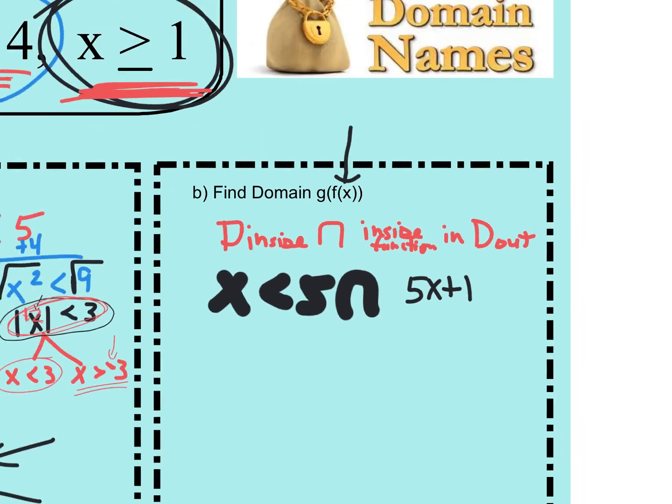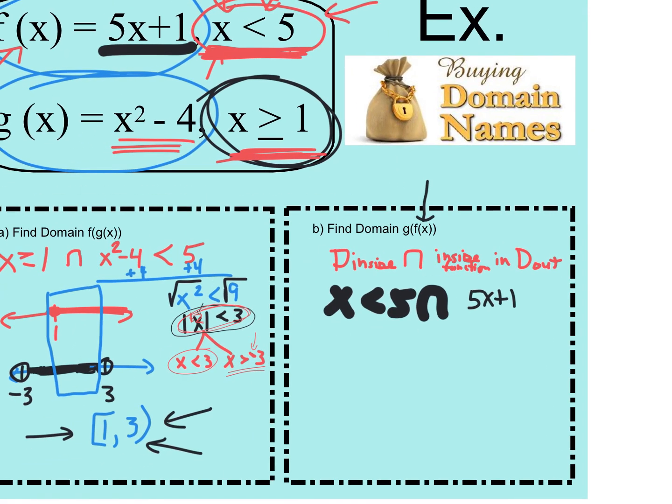goes into the domain of the outside function. So it's going to get stuck in the x of the outside function, which is the g function. So that goes in where the x was. So that squared minus 4. Nope, I just put it in the wrong thing.